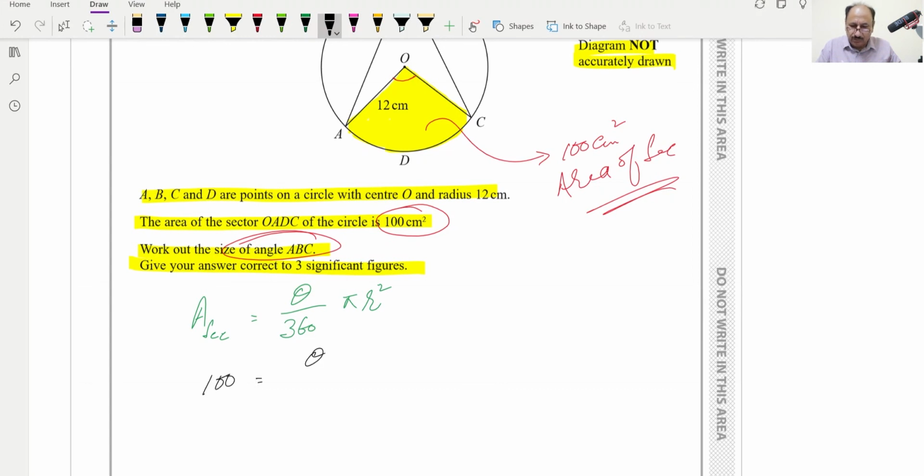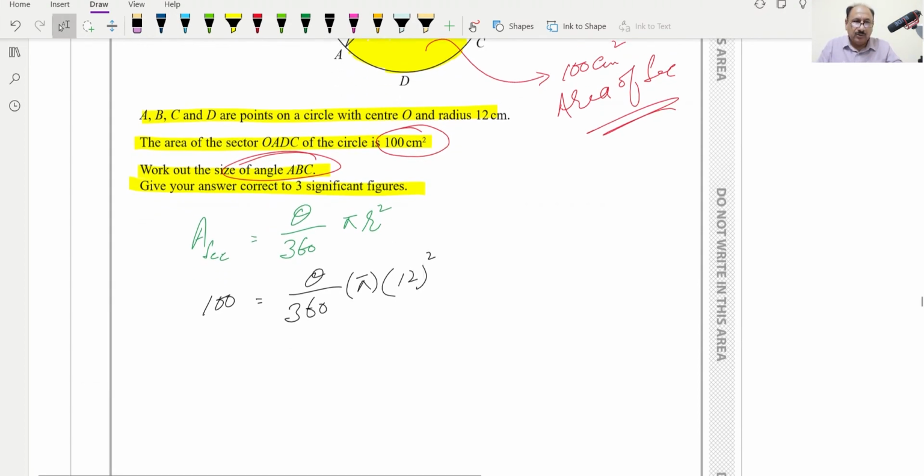This is equal to theta, which is not given, times pi and r squared, which will be 12 squared. And theta we can find. So theta will be equal to 100 times 360 divided by pi times 12 squared.